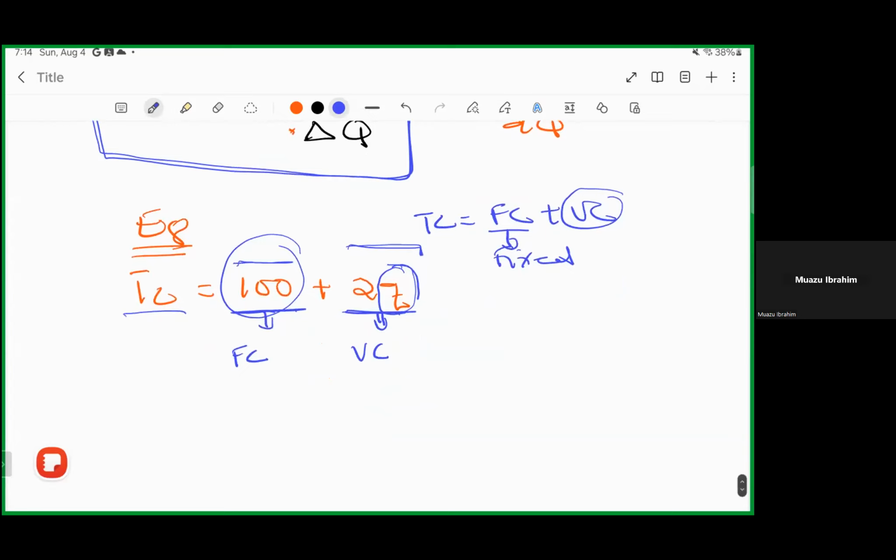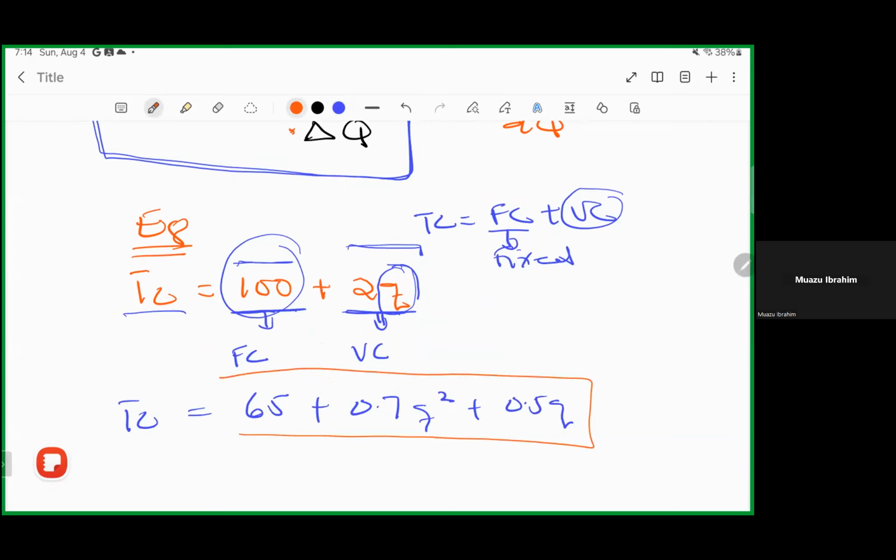Another example, if I give you this as the total cost, maybe 65 plus 0.7 Q2 plus 0.5 Q. Based on this, which one is the total cost? The total cost is this entire term. Which one is the fixed cost?